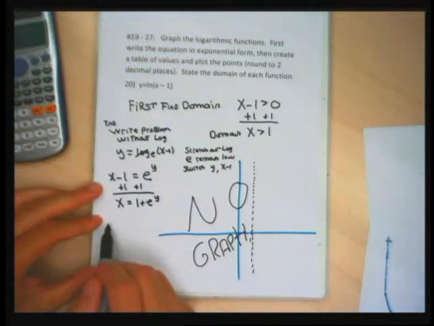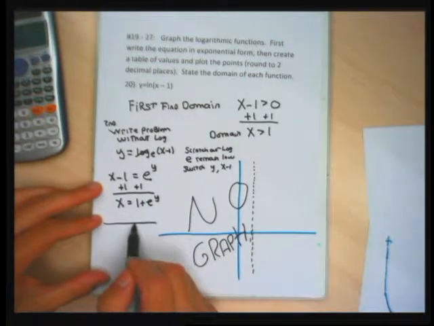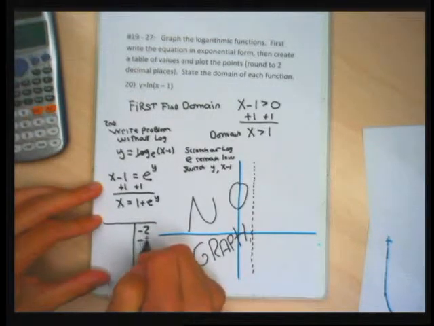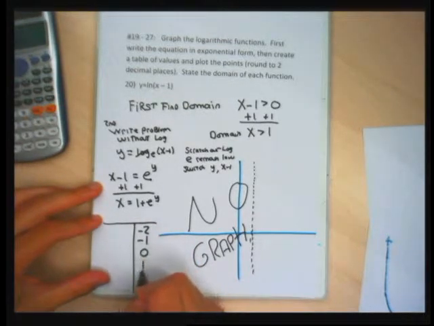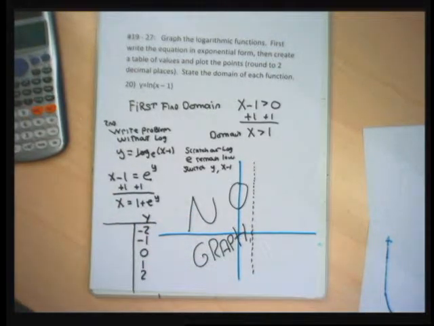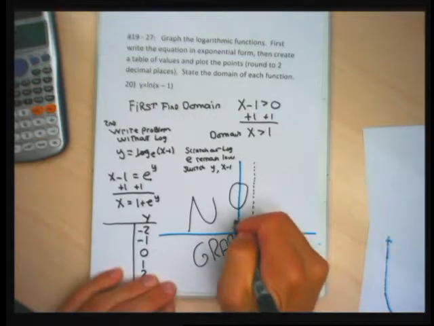And then I don't use the table feature on my calculator because it's a little confusing. But for every logarithm problem, and an ln is a logarithm, I use the same starting table, -2, -1, 0, 1, 2, but in the y column.